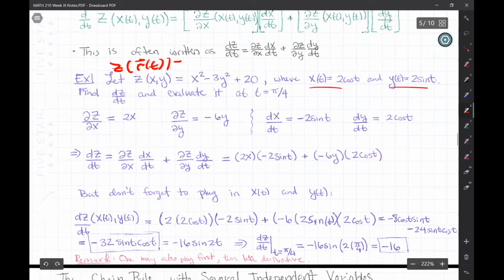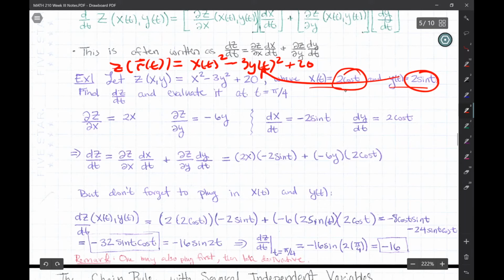So z of r of t is going to be x of t squared minus 3y of t squared plus 20. Then we could just take this and plug it in for y of t, and take this and plug it in for x of t, and we would be left with a function that only depends on t.